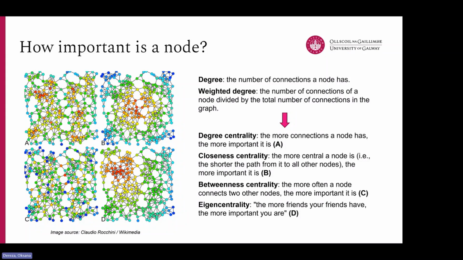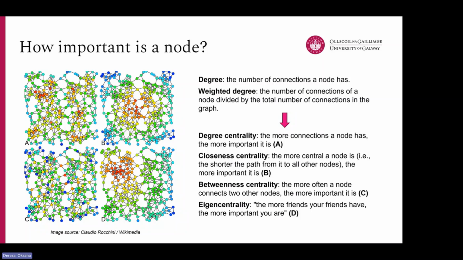And then how do we measure the importance of the node? We can work with the degree, simply with the number of connections. It's the easiest way. So the more connections a node has, the more important it is. And in the picture on the left, you can see this in the top left corner.